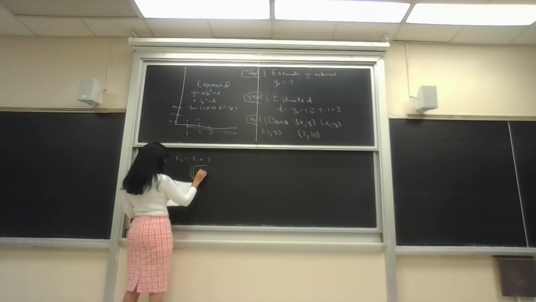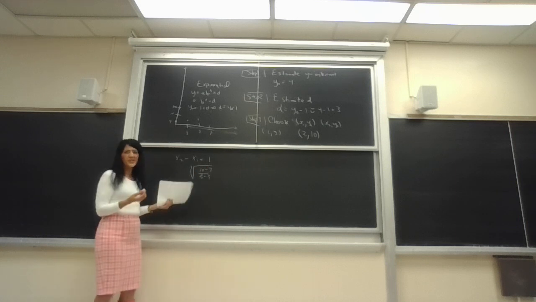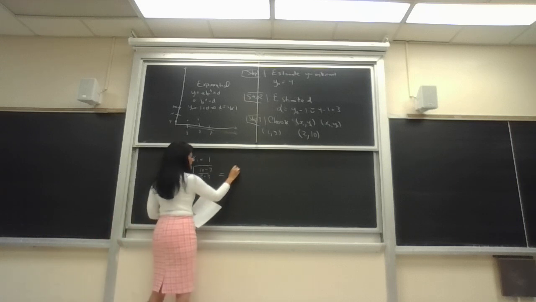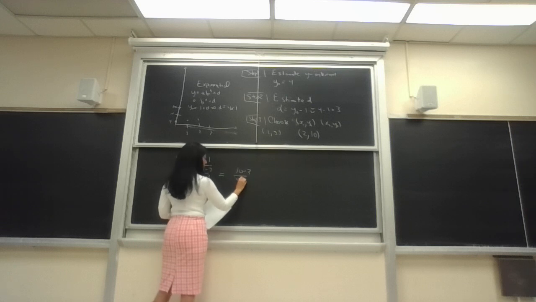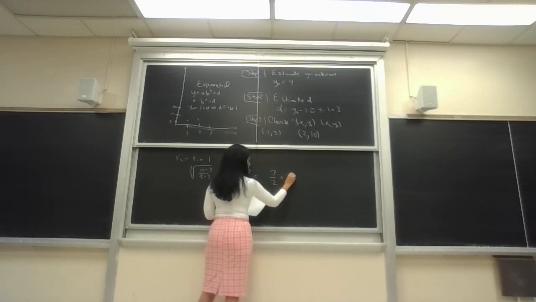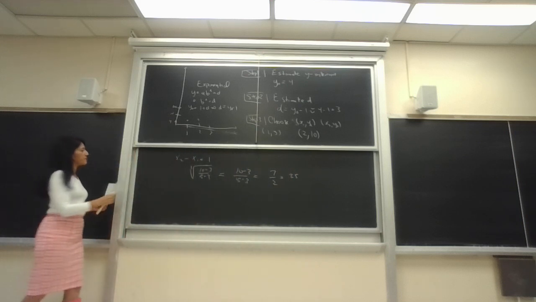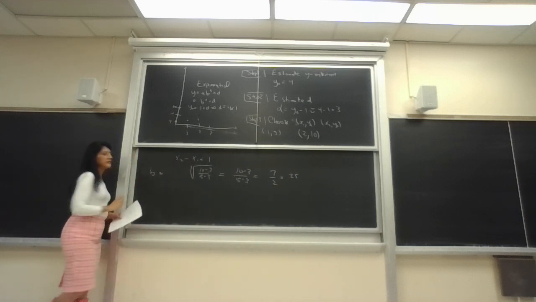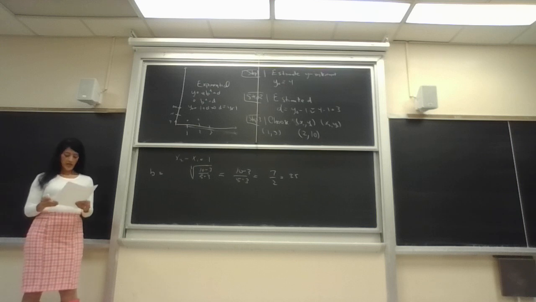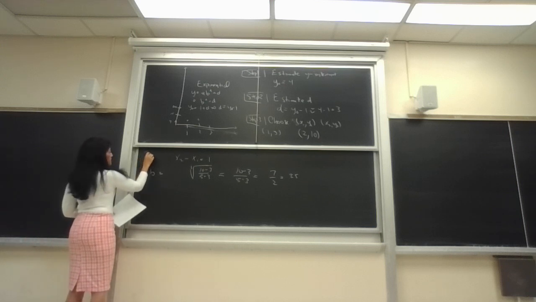You'll get 10 minus 3 over 5 minus 3, which gives you 7/2, which is 3.5. So that was my estimate for B. So that's step 3.